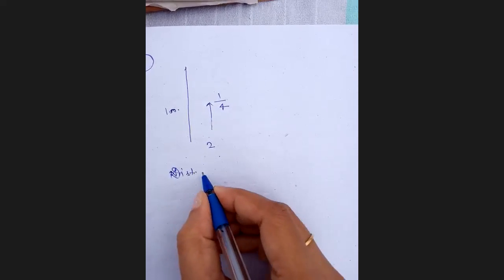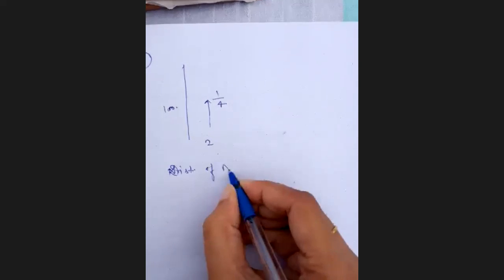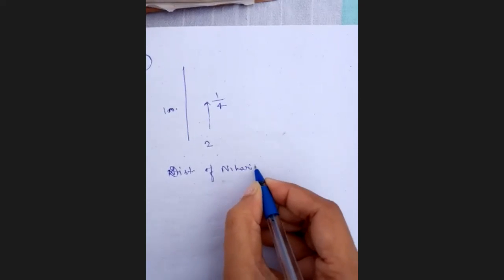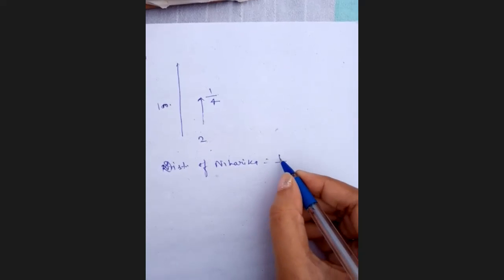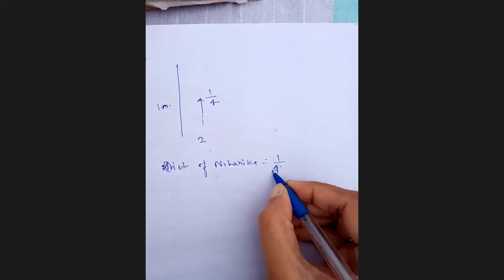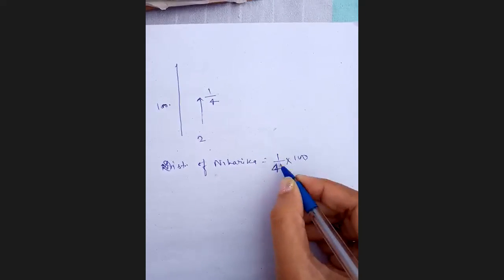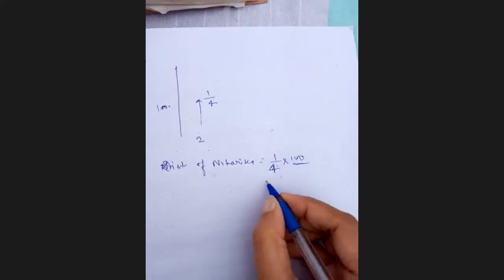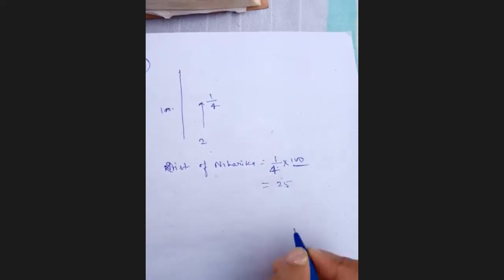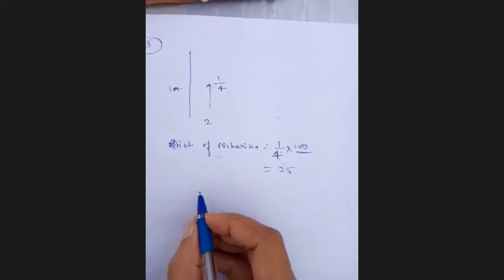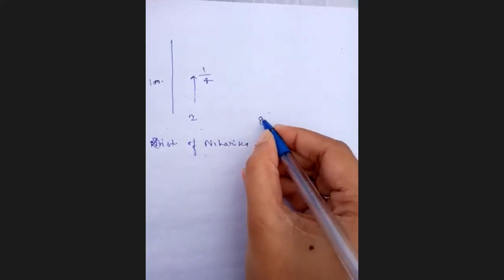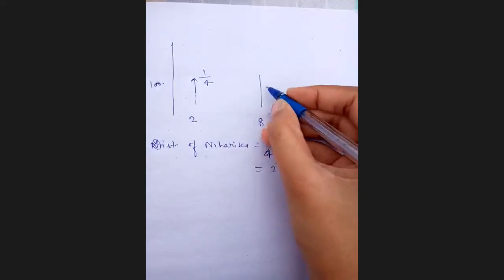Exactly. So distance of Niharika, that is 1 upon 4 into 100. 1 upon 4th part of this 100 total distance of AD, which is 25 we are getting. Okay. Now similarly at 8th step, Preet.